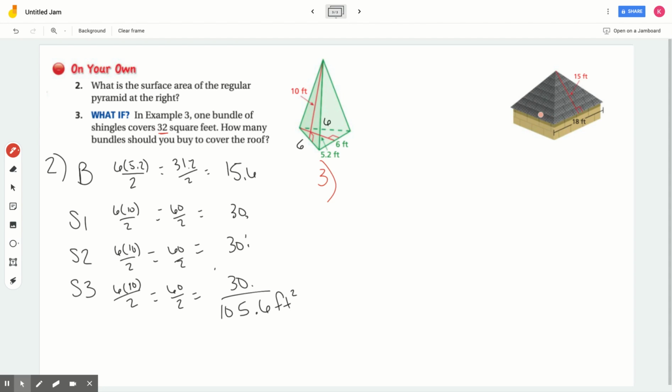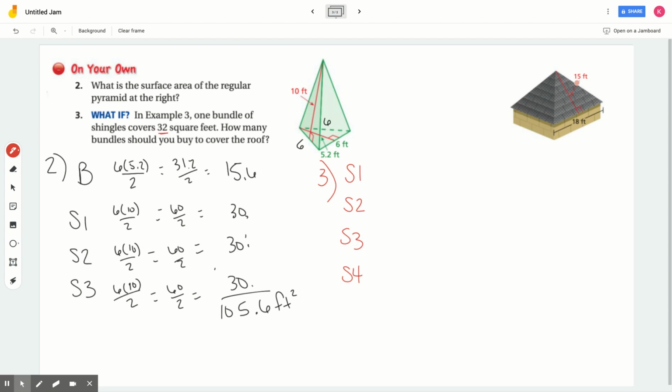This roof is shaped like a pyramid, but we're not putting shingles on that base. We're only putting shingles on those lateral sides. So we're going to find the area of all 4 lateral sides since this is a square.